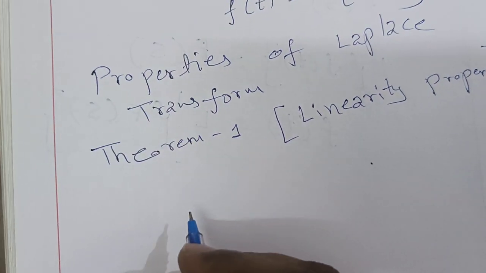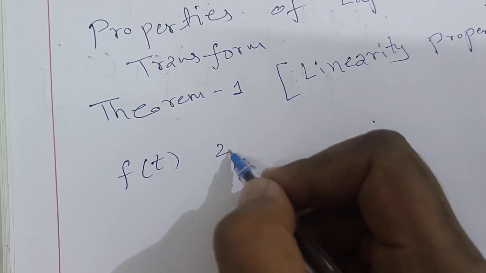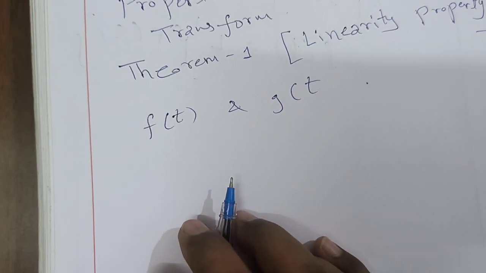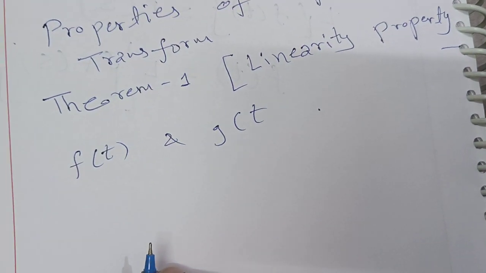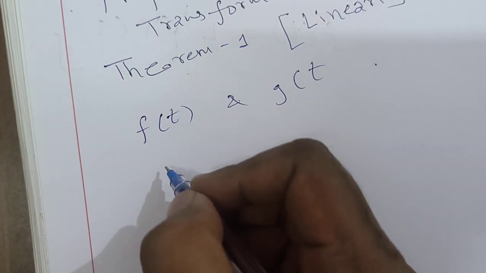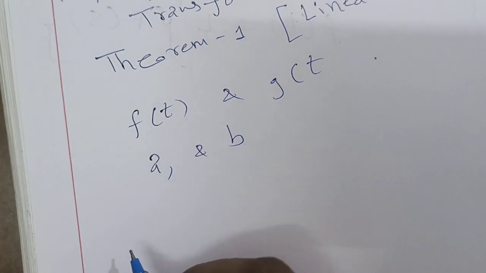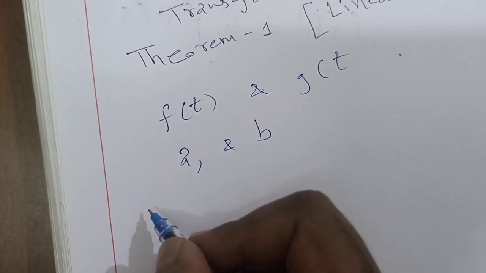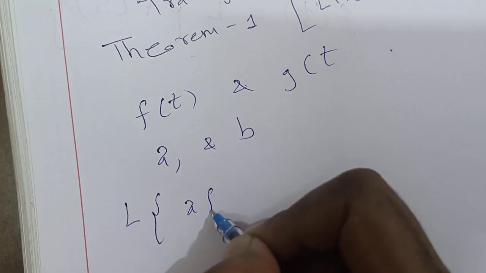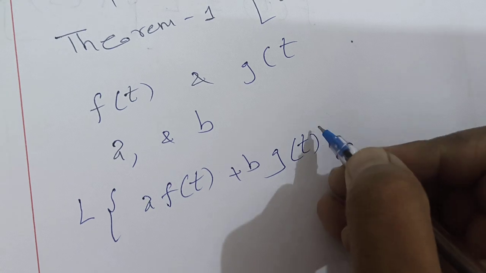So here we are taking two functions f of t and g of t. If f of t and g of t are two functions whose Laplace transforms exist, and if we take a and b which are any two constants, then we can write L of a times f of t plus b times g of t.